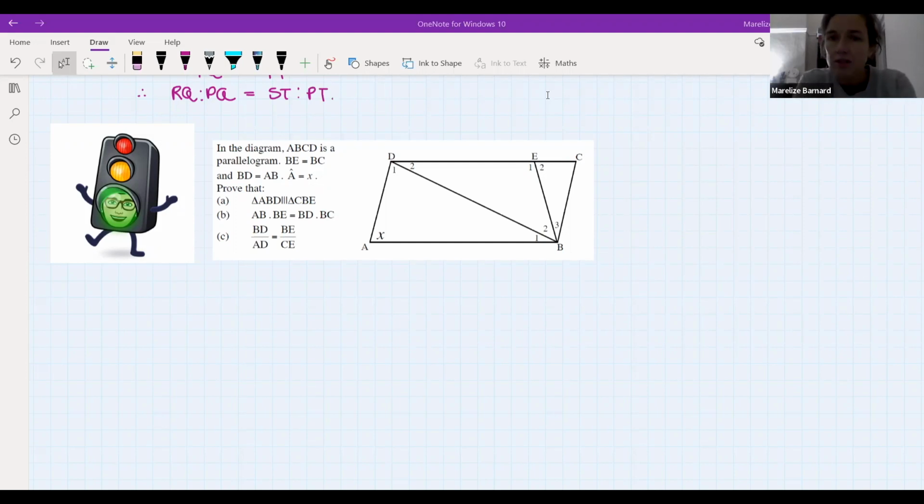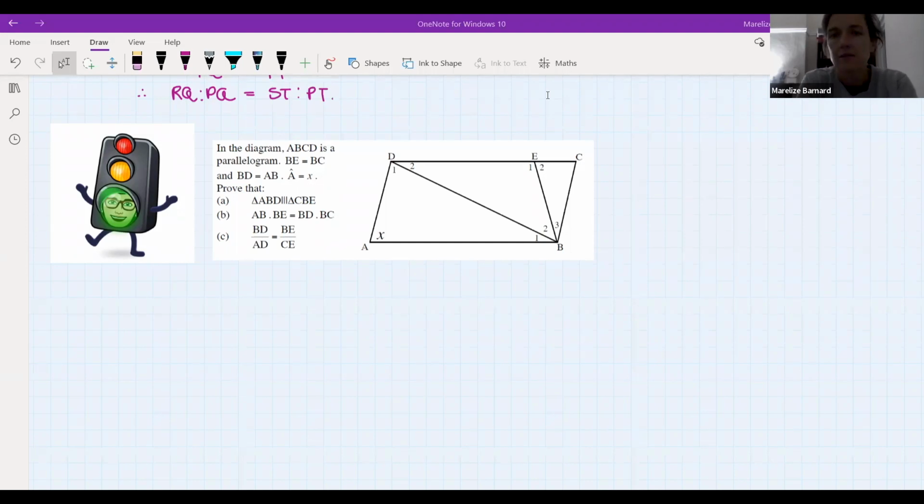I would start this one by first reading everything they say at the start and then filling it in on the sketch. Quickly make a copy of the sketch where you are, just in pencil, and start filling in the properties of a parallelogram that might be useful.